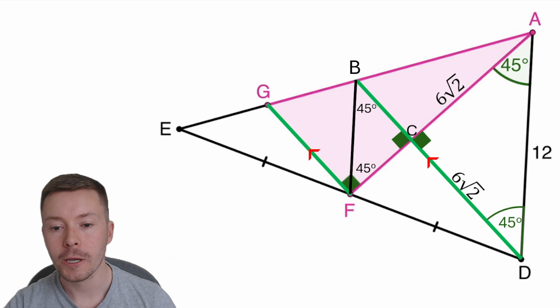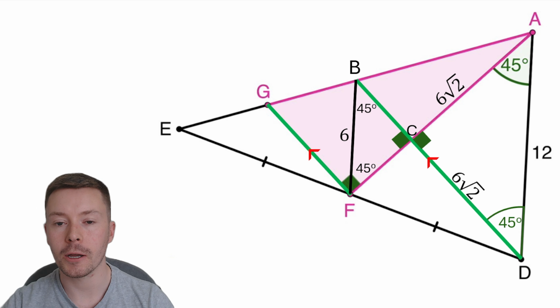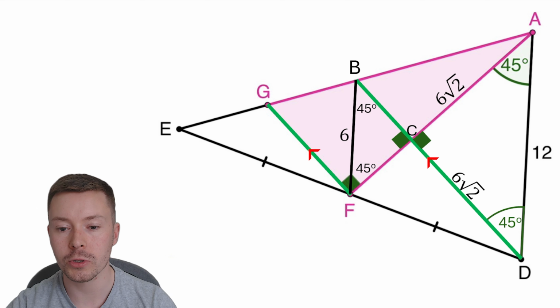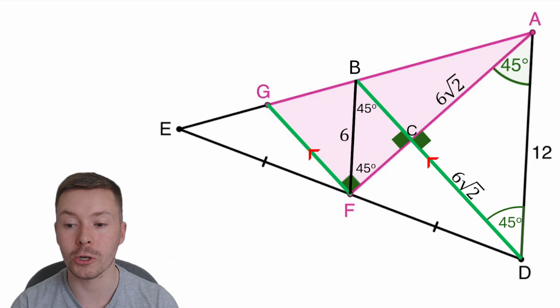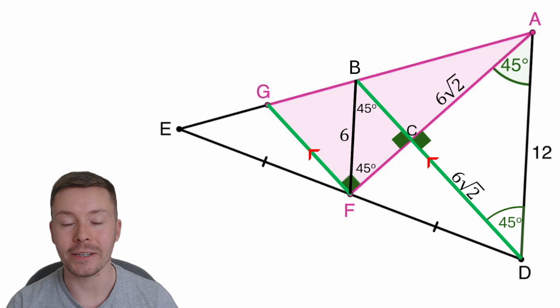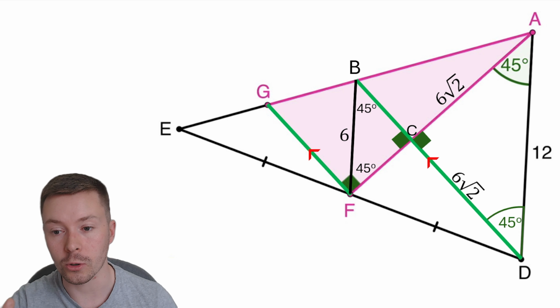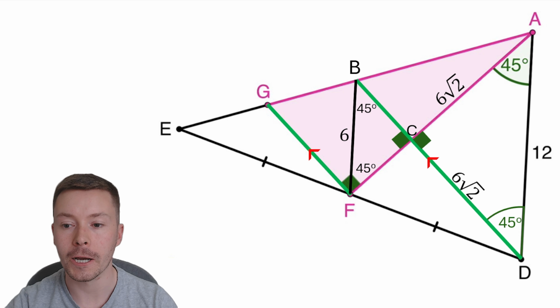Now, from there, if we consider the two triangles, EBF and EAD, well, they have to be similar triangles because they're going to have the same angles because BF is parallel to AD. And as we know, AED is an isosceles triangle. So they have to be similar shapes.